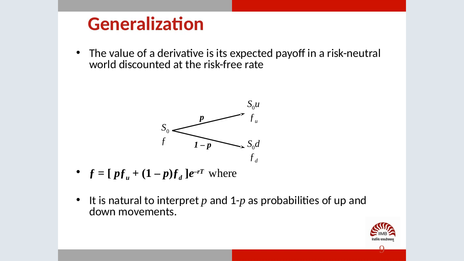So I'm saying you can move up to a certain level with a probability of P. You can move down to a certain level with a probability of 1 minus P. What is therefore the expected value, or on an average, what will be the value at time T?